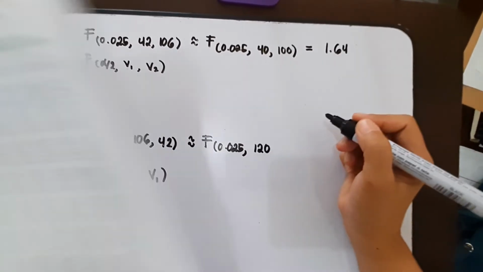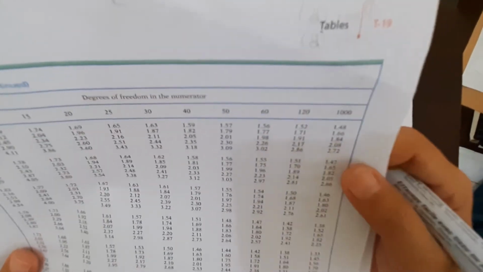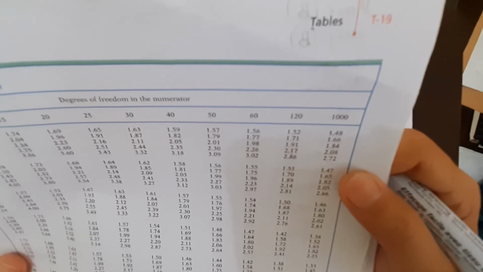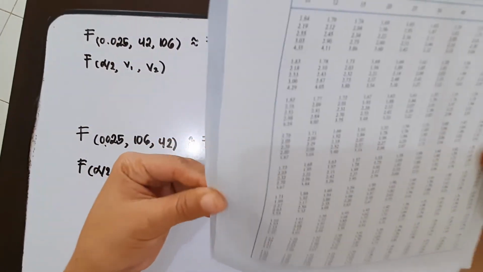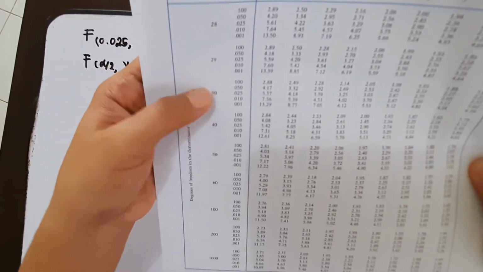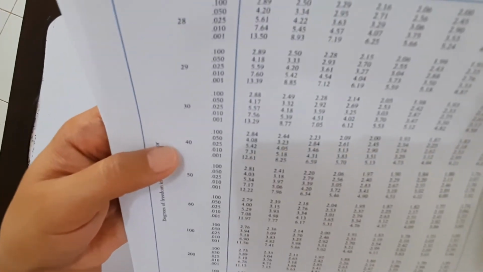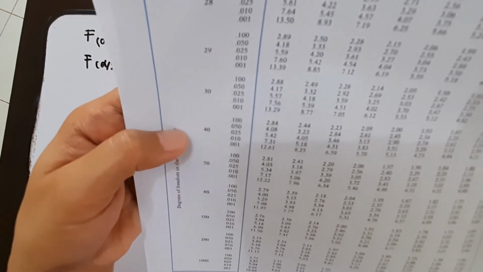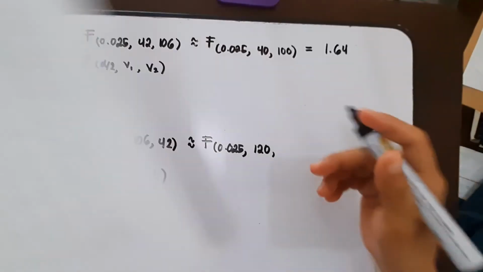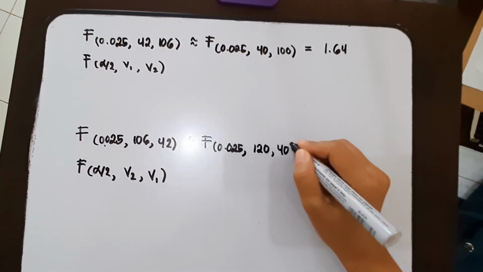That is a value which is near to 100 compared to 60. And then for the denominator, let's look for 42 if there is a 42. There is no 42, so the nearest value is 40. So we consider 40 here as our denominator.